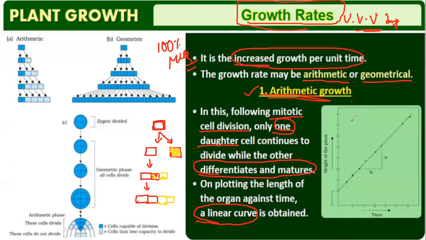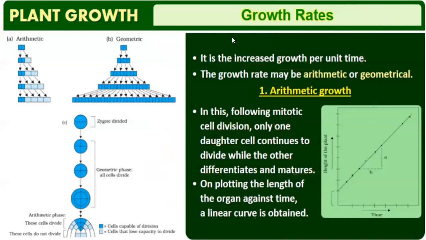If you plot a graph for arithmetic growth rate, you will obtain a linear growth curve. Look, the diagram is here itself. I just wasted my time drawing. Look, this is the parent. This parent divides firstly into this particular part and this particular part.